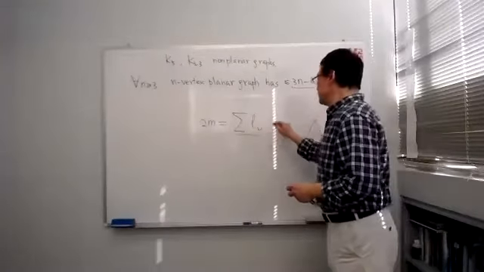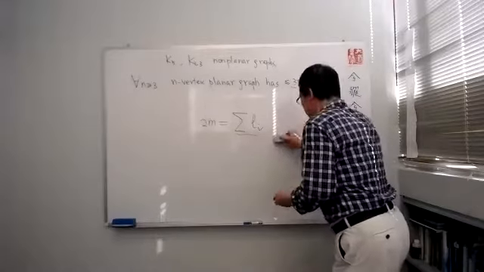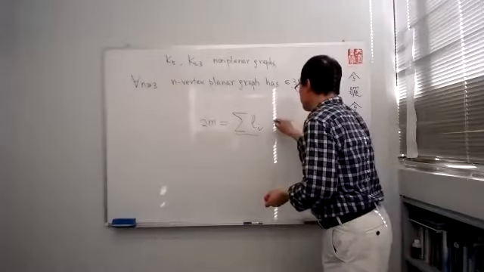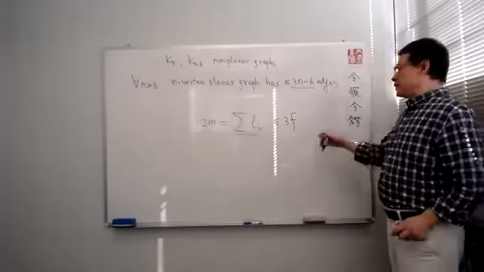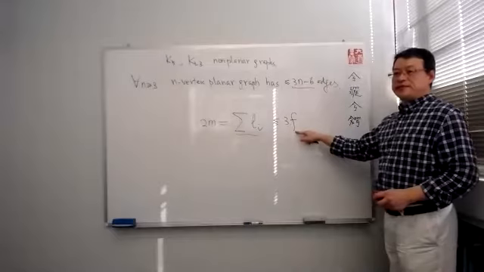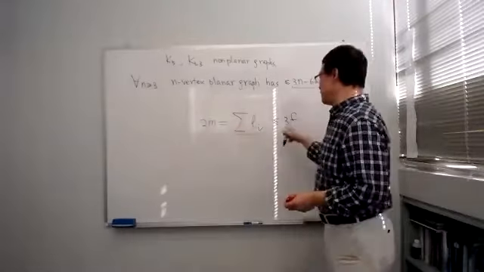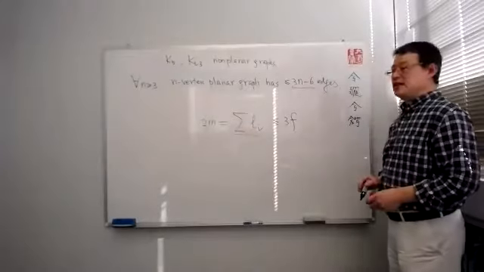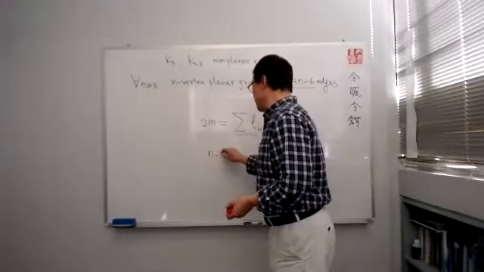So this summation is at most three times the number of faces. So that gives us a connection between the number of edges and the number of faces. Now we can combine with the Euler formula.